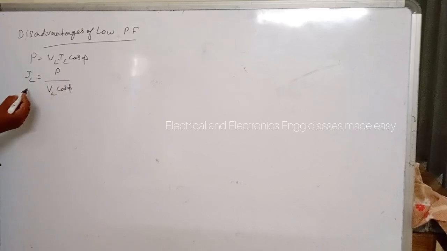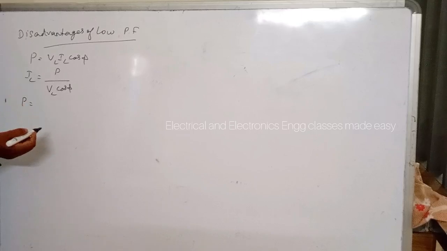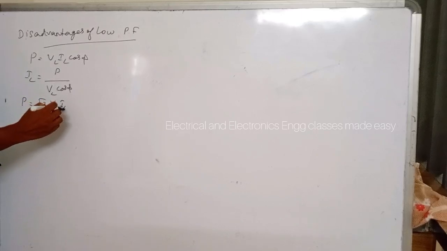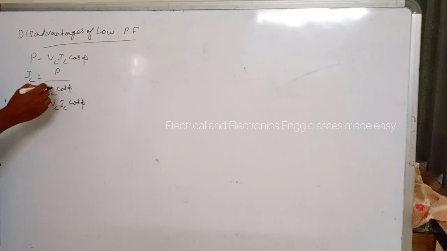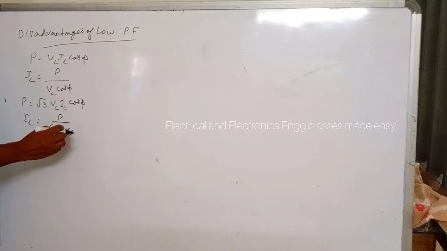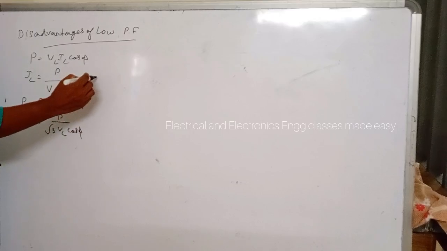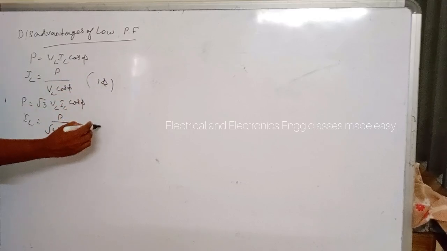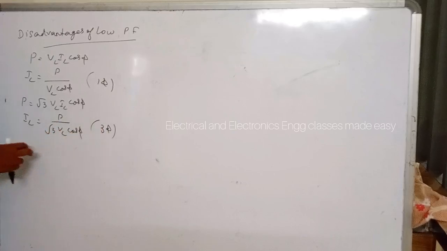This is the case for single phase, and if it is a three phase supply, then we can write P is equal to root 3 VL IL cos phi, and here also IL is equal to P divided by root 3 VL into cos phi. So this is for single phase and this is for three phase.